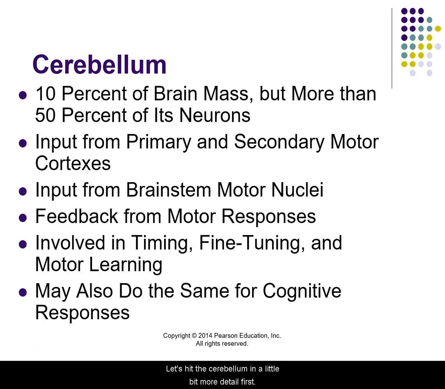Let's hit the cerebellum in a little bit more detail first. So the cerebellum has 10% of brain mass. We saw this in chapter 3. You have the cortex, and the cerebellum looks much like the cortex, but it's much smaller. It's at the most posterior area of the brain. It's kind of underneath, ventral to the cortex as well.